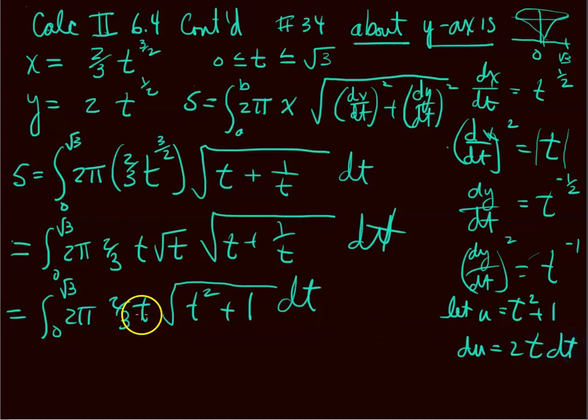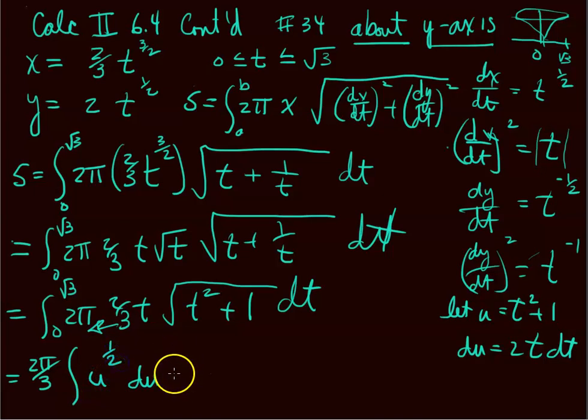And here I've got a 2/3 t, so I'm going to put that 3 with that. This is 2 pi over 3. Here's the 2t dt. That's going to be my du. And here's t squared plus 1, so this is my u to the 1/2.